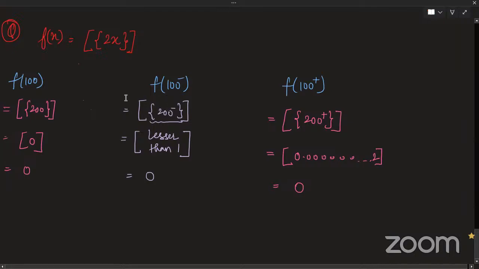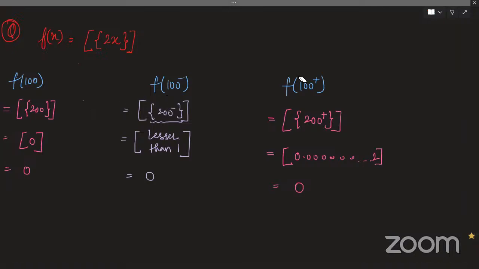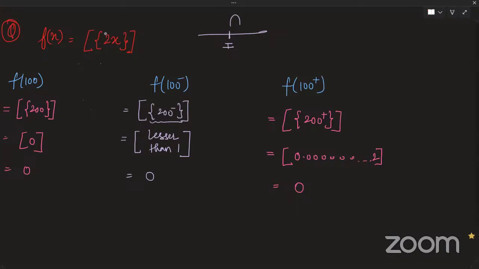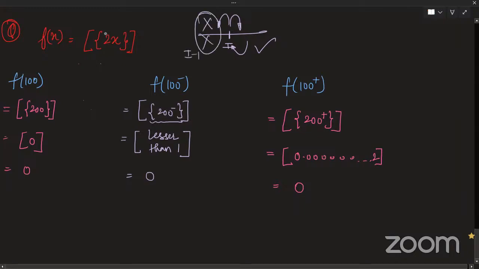But if it is slipping to the left hand side, I'll just show you by an example. See, you have this integer I over here. If your limit slips to the right hand side, it is actually good for you. You can print the answer. You can say that the answer is I because the greatest integer will bring it back to I. But if it slips to the left hand side of I, you are gone because now your answer will be I minus 1. Everyone understands this, right?